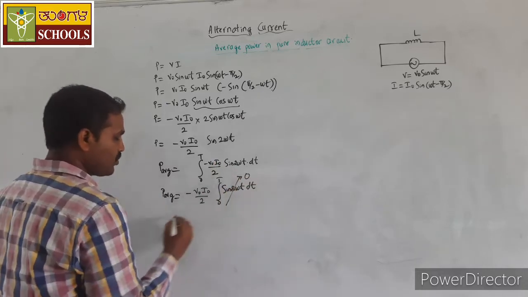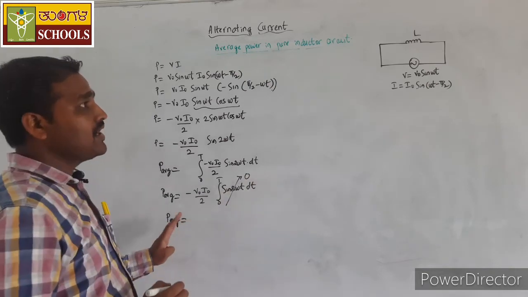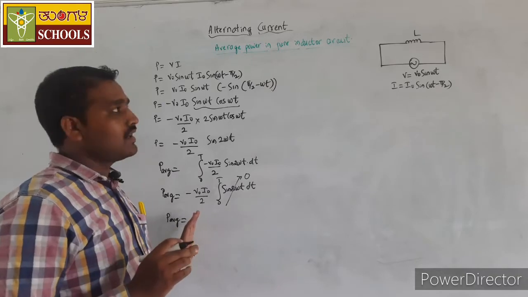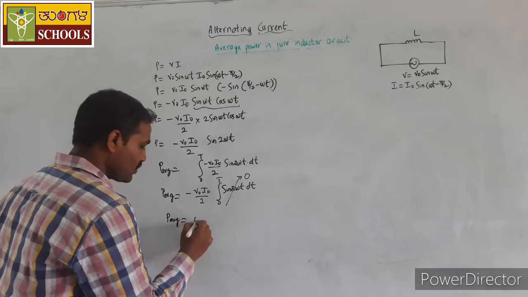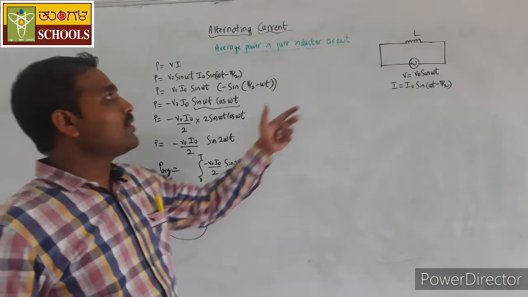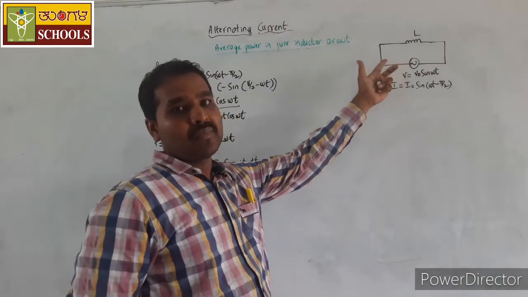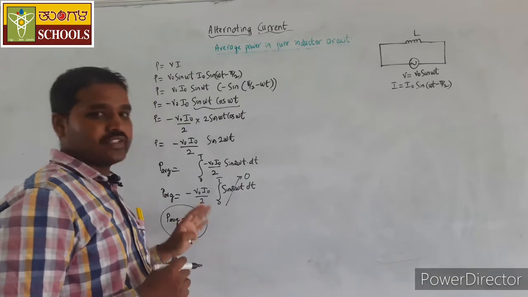So, this term becomes equal to 0. Hence, the average power during one complete cycle when we have the inductor in an AC circuit is equal to 0. This is how we can prove that the average power in one complete cycle of the alternating current in an inductor circuit is equal to 0.